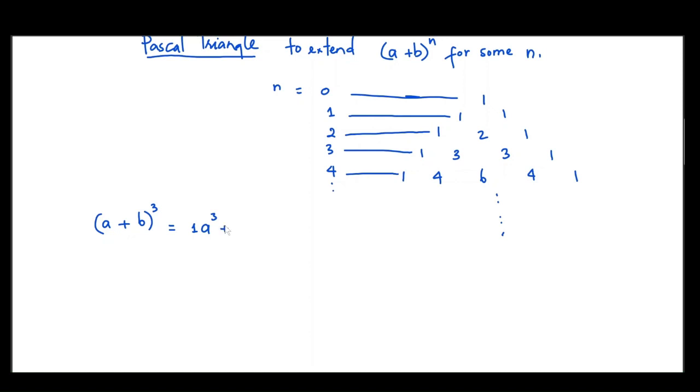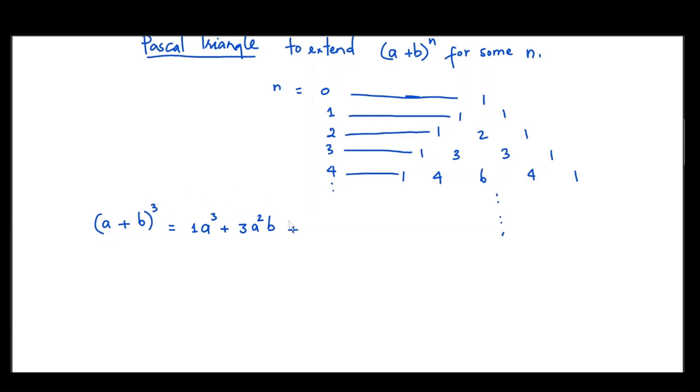The next one would be plus 3, so this one is 3a squared b. So the power of a is decreased by 1, so we get from 3 to the power 2 here, and b is b to the power 1, so the sum of the powers is always equal to 3.